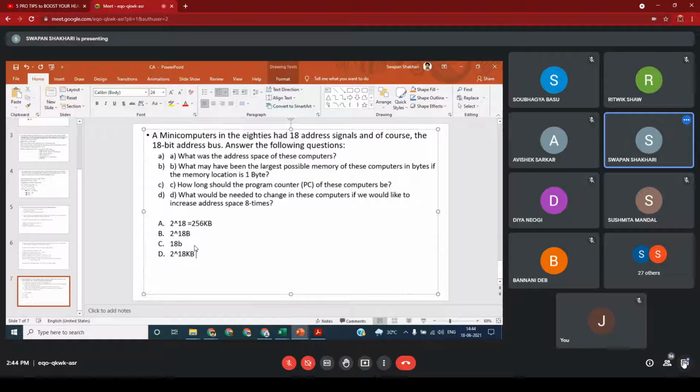Now we want to increase it by 8 times. That means we need to increase the total number of signals. The question is how we can increase the address space by 8 times.